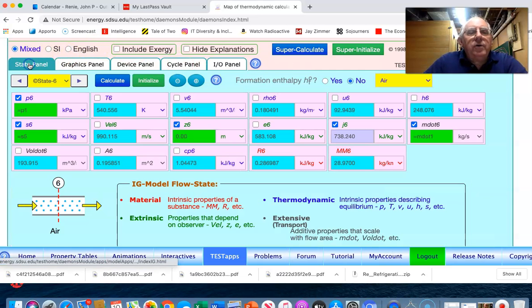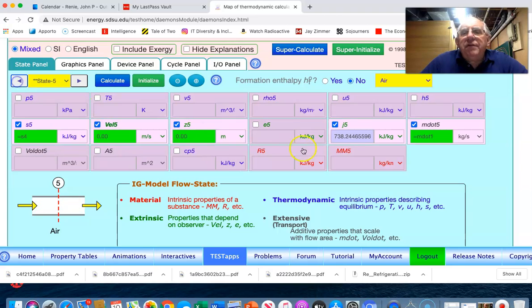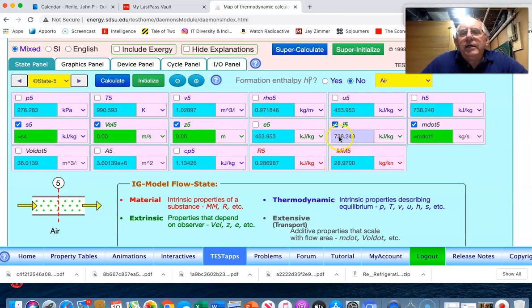And now we go back to our state panel, and now state 6 has been calculated. So what we find is, again, this flow energy at the exit is the same flow energy as what we saw here, 738.